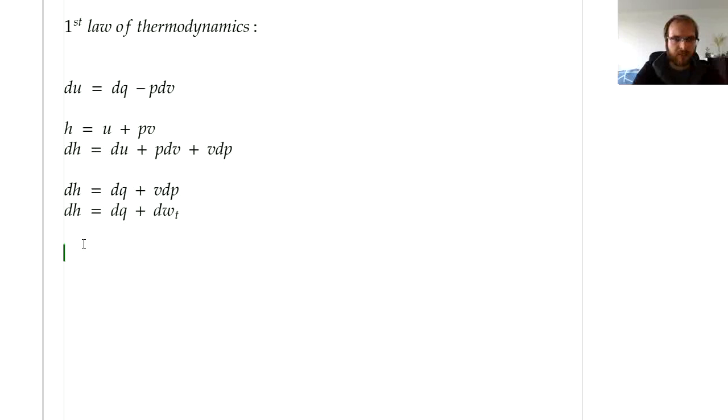Now, how do we apply it in getting point number 2? So, it's an isentropic process. Isentrope is a reversible adiabat, so transfer of heat with the surroundings is 0.